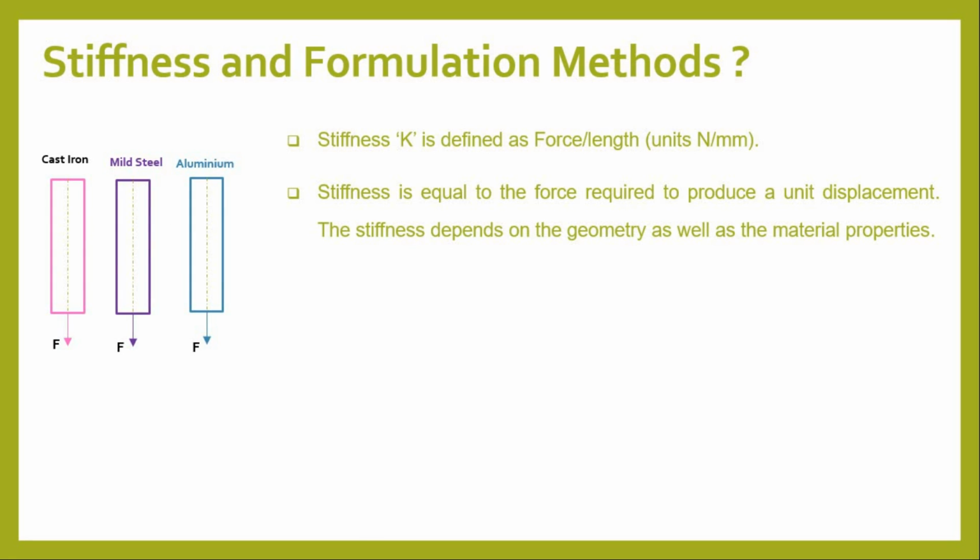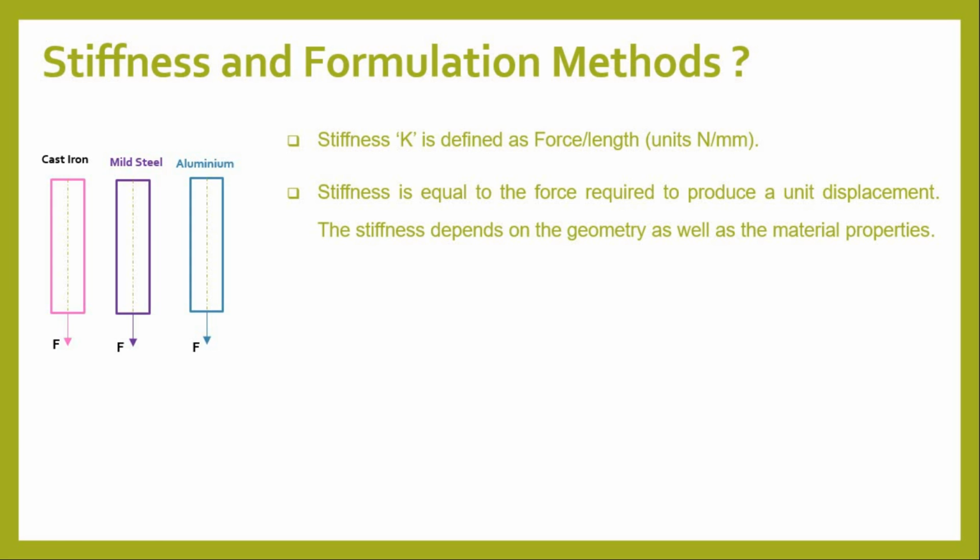So consider three rods having three different materials. We apply the same pull force to the three different materials. First is cast iron, second is mild steel, and then aluminum. If we are applying the same force, the question will come to mind: which of these three rods has the higher stiffness?